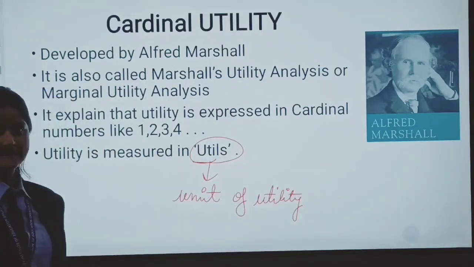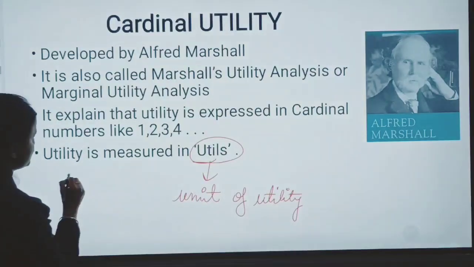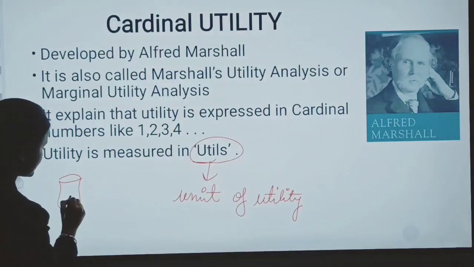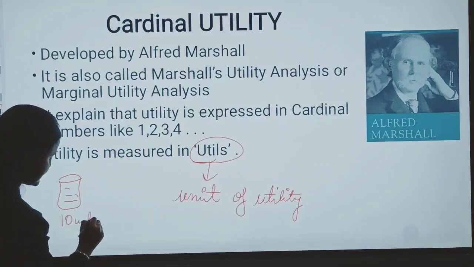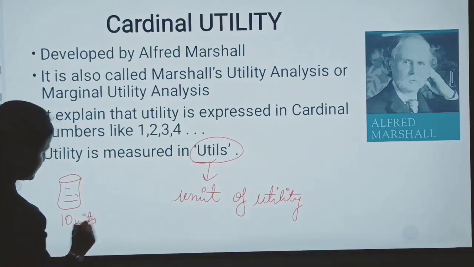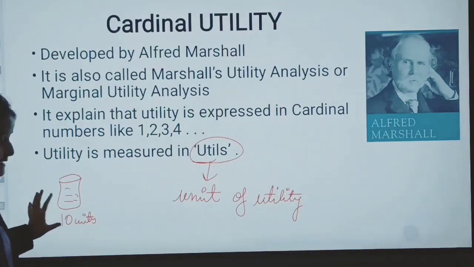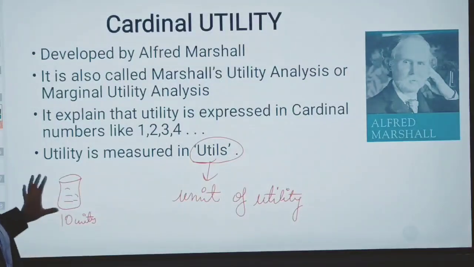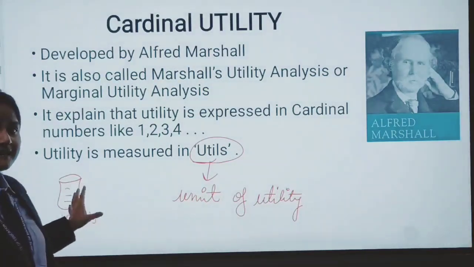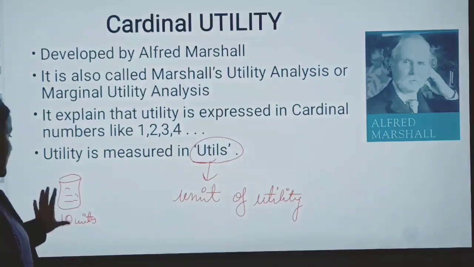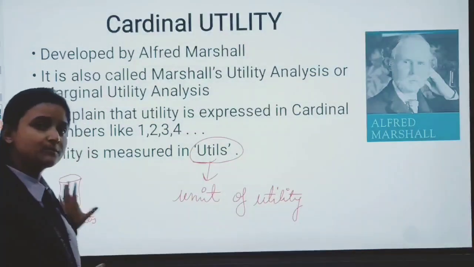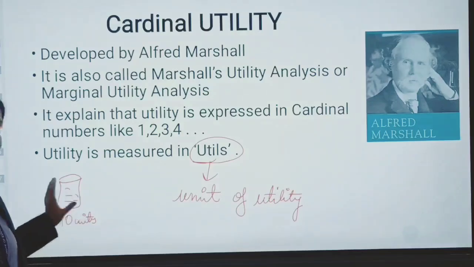For example, suppose you have 1 glass of water and you can say it has 10 units. So what will be the satisfaction from the Cardinal approach? How can you say how much satisfaction you are getting from consuming 1 glass of water?